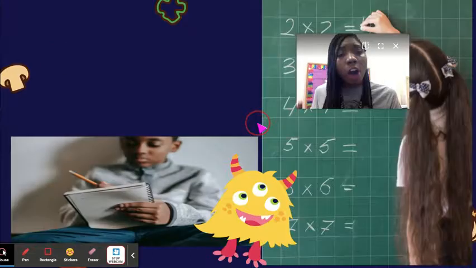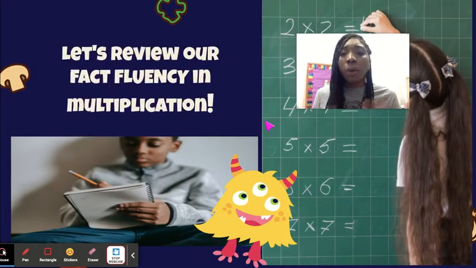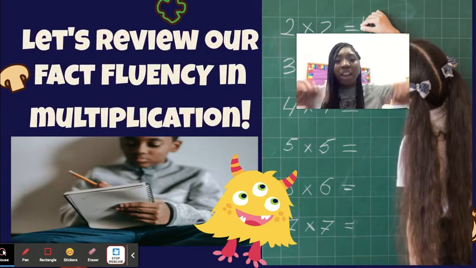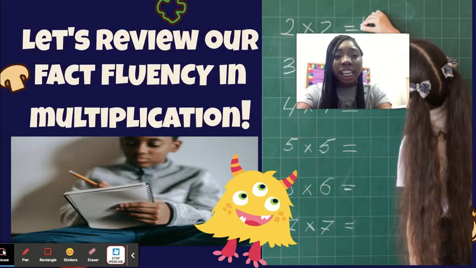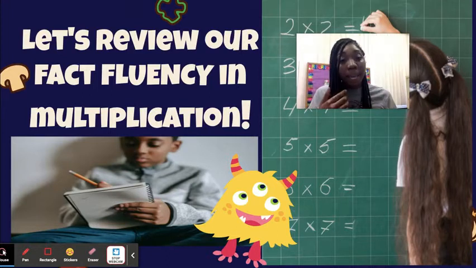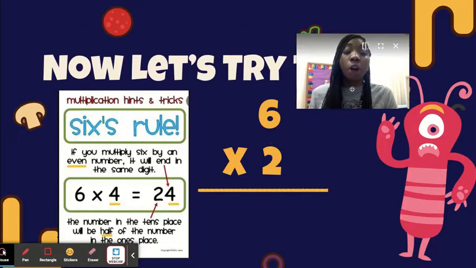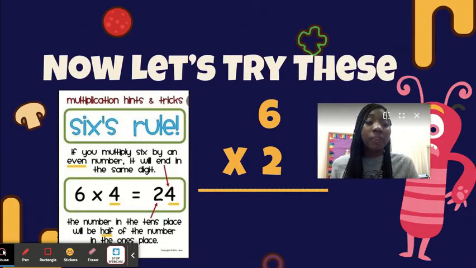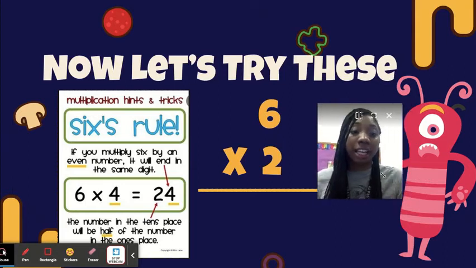But before we go into our lesson, we know we always have to practice our fact fluency. Great, because when you are fluent in your math facts, it makes you a better mathematician. So let's look at some of our math facts for today.